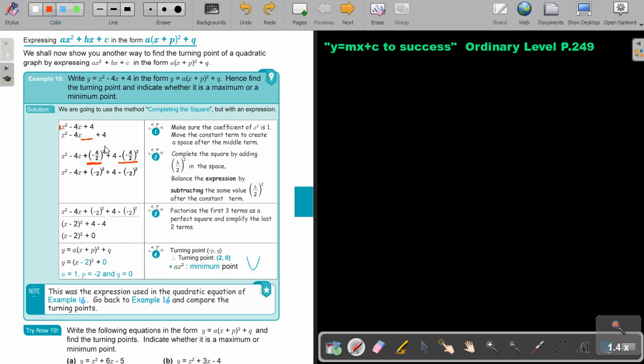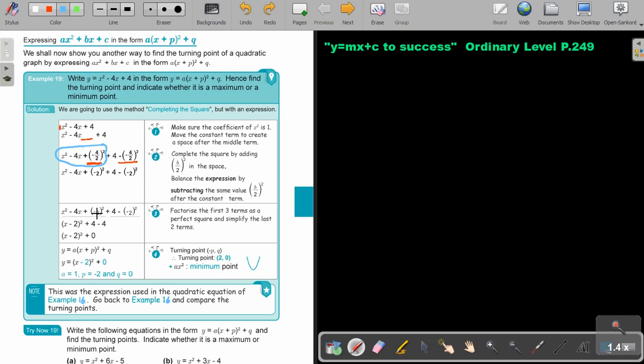Now remember, this is still going to be my perfect square. I just simplify a little bit to make it easier. Now, factorize the first 3 terms as a perfect square, and simplify the last 2 terms. Can you remember how we factorized?